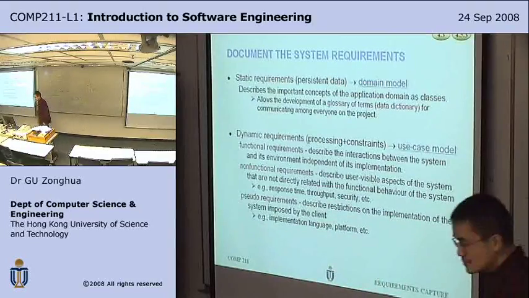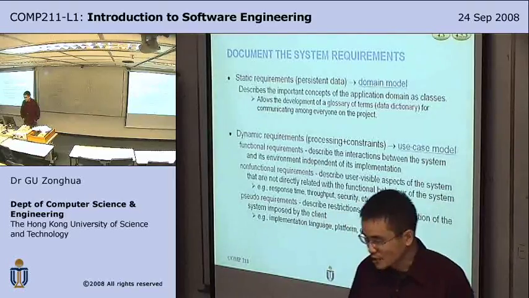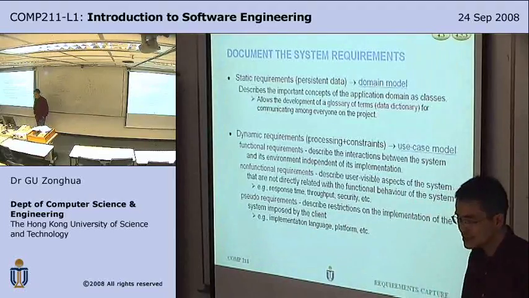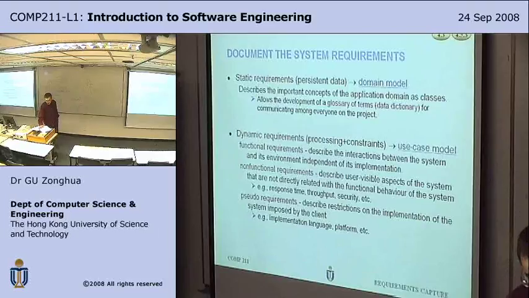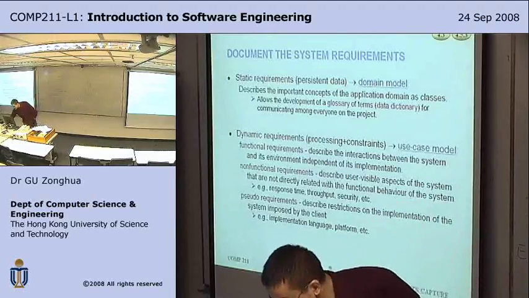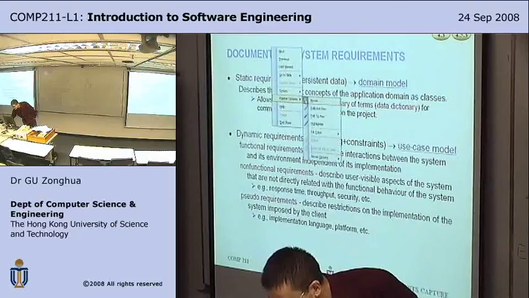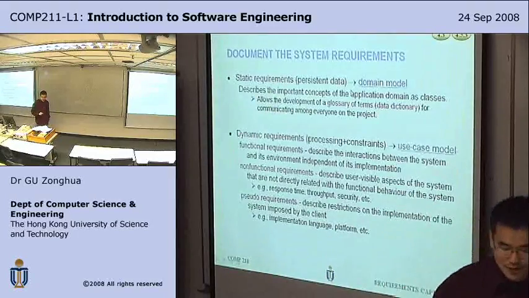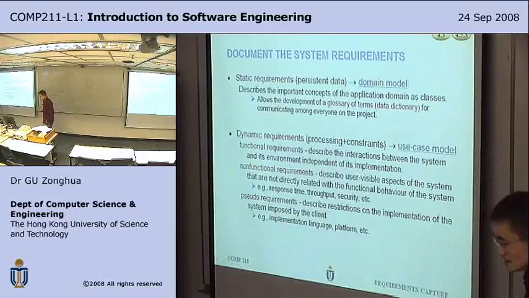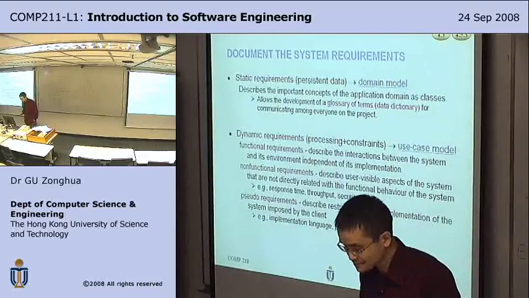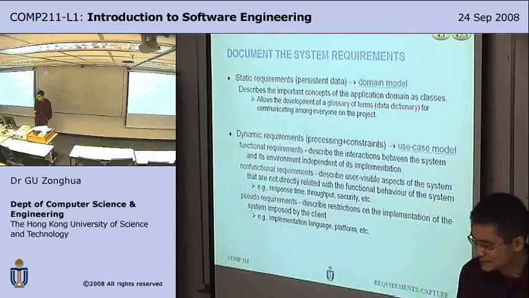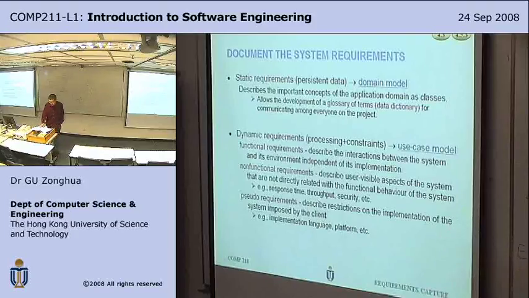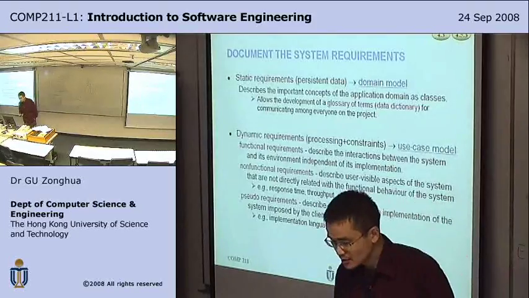So requirements, there are two parts. Static requirements described in the persistent data, the database, described in the domain model, and dynamic requirements described in the use case model. So the domain model describes the important concepts of the application domain as classes.